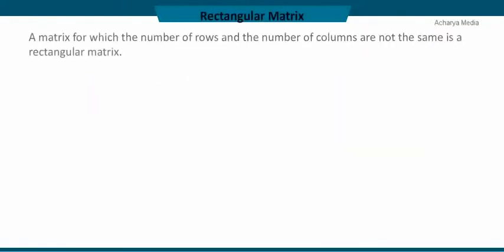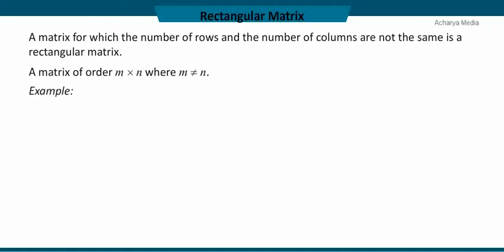Rectangular matrix. A matrix for which the number of rows and the number of columns are not the same is known as a rectangular matrix. A matrix of order m by n, where m is not equal to n. For example, consider a matrix A equal to 1, 5, 7, 8, 2, 6.